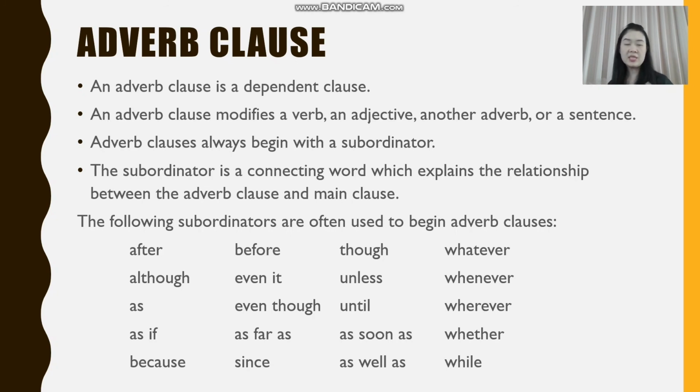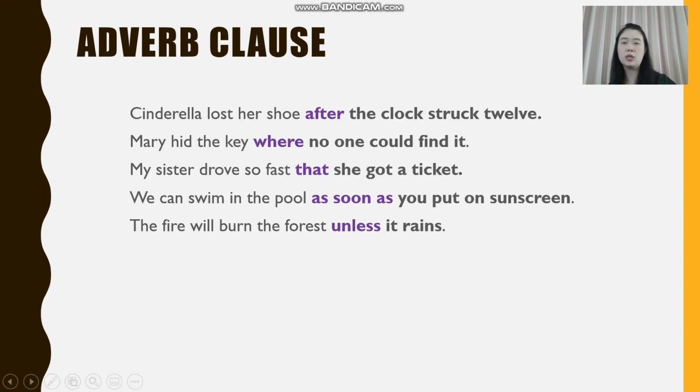We normally see these subordinating conjunctions like after, although, as if, because, before, even if, even though, unless, as soon as, whatever, whenever, wherever, while, okay? Alright, so let's see examples in sentences, how we can use the adverb clause.